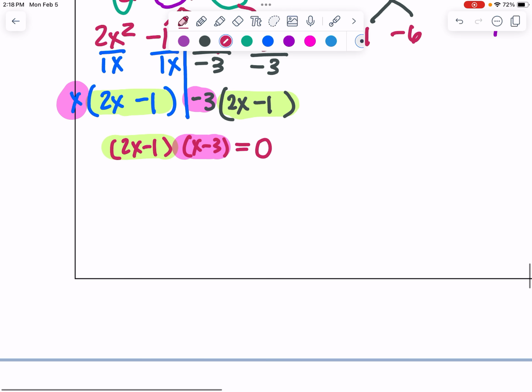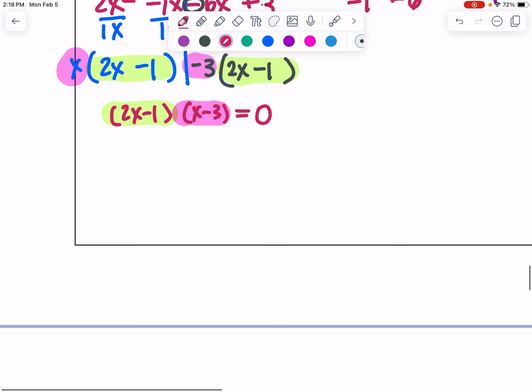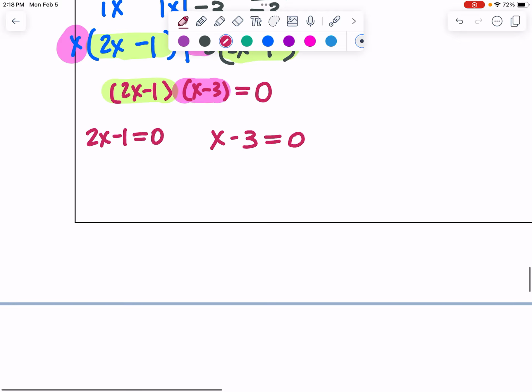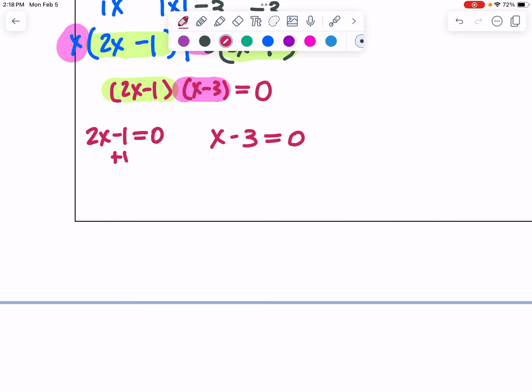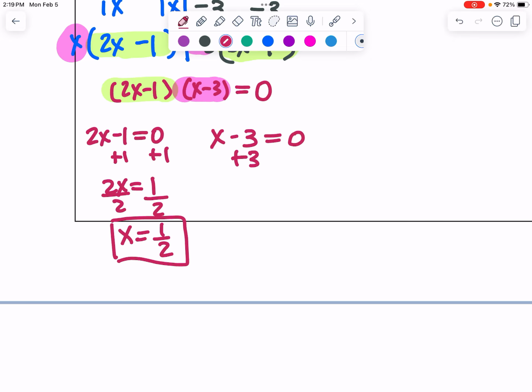Okay, and so now we're finally ready to set each one equal to 0. So we set the 2x minus 1 equal to 0, the x minus 3 equal to 0, and then solve them individually. So add 1 to both sides first, then divide by 2, get a nice pretty fraction. And then over here we just need to add 3.